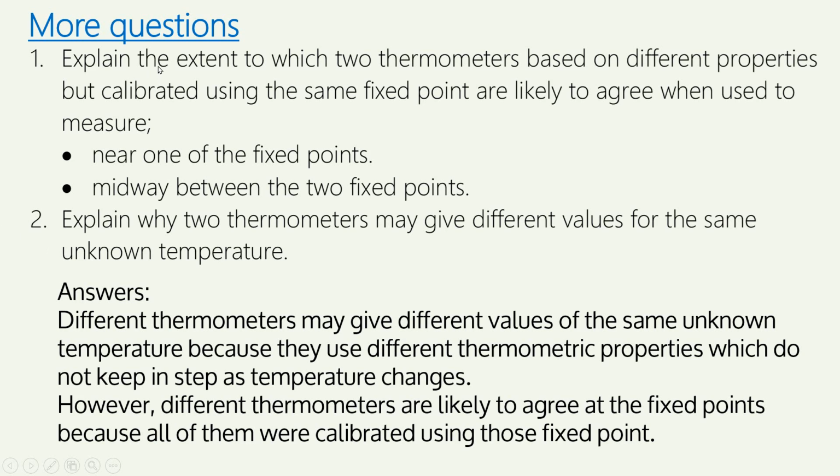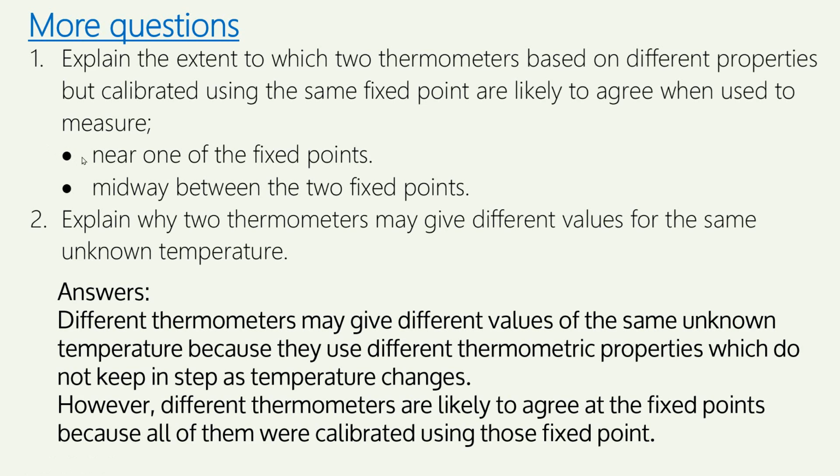For number one, you were asked to explain the extent to which two thermometers based on different thermometric properties, but calibrated using the same fixed points, are likely to agree when used to measure temperatures near one of the fixed points. Look at the answer for number two and then you will understand how to answer this.